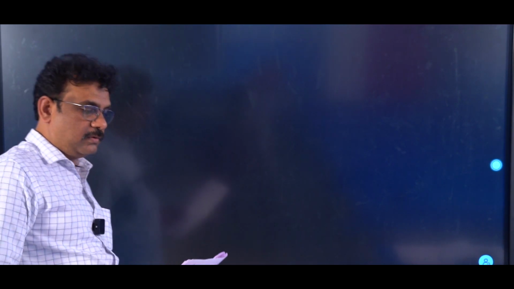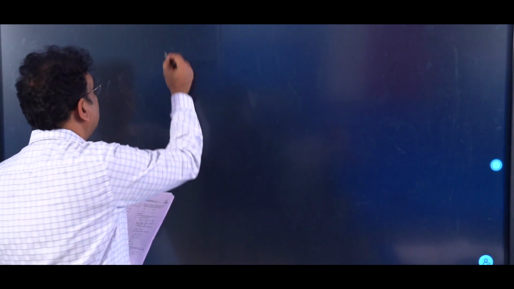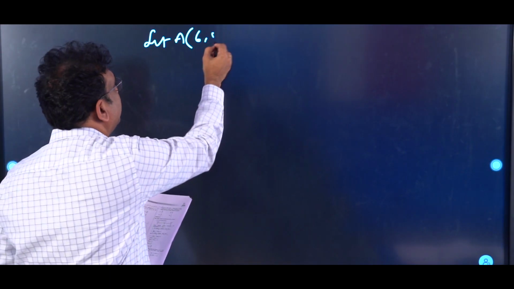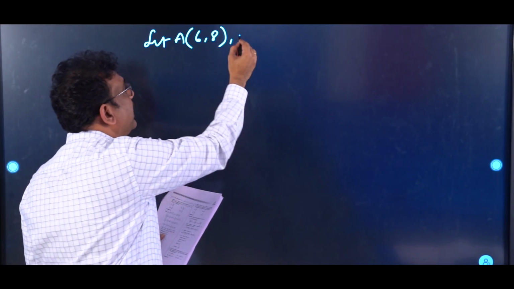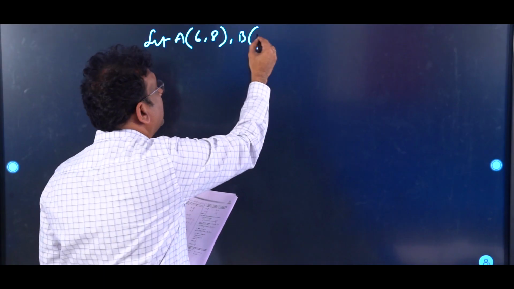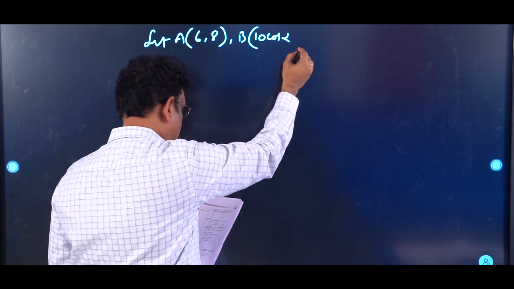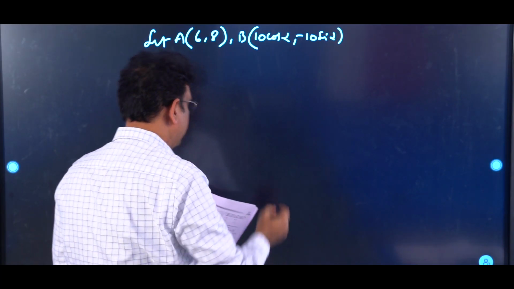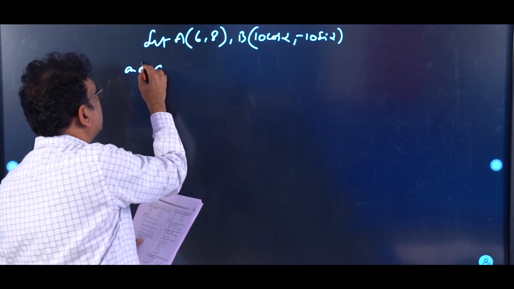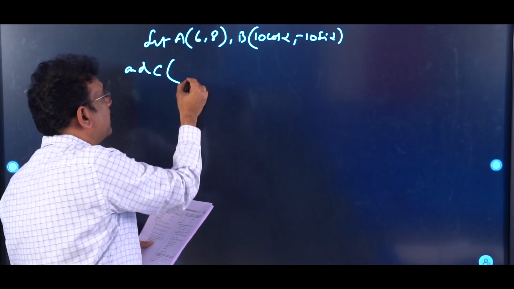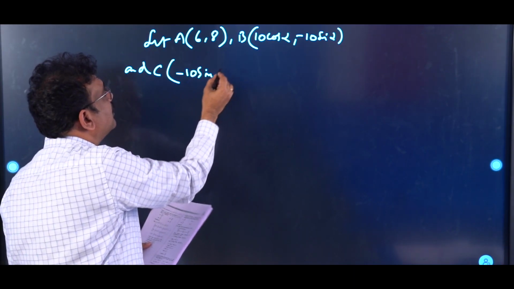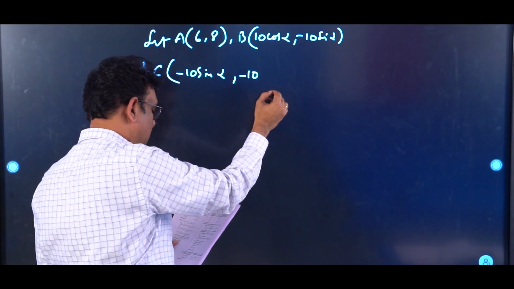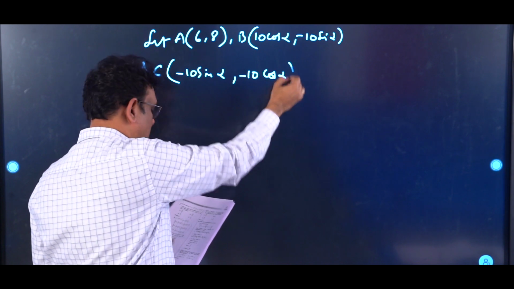So straight line lo manaku 2-dimensional geometry lo, let A be (6, 8), B be (10 cos alpha, minus 10 sin alpha) and C be (minus 10 sin alpha, minus 10 cos alpha).